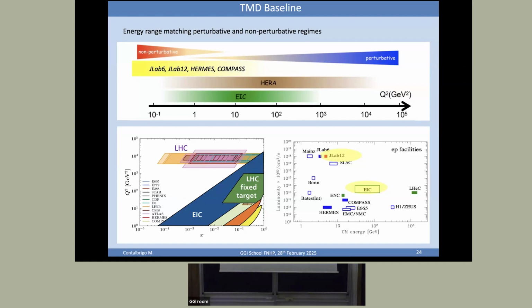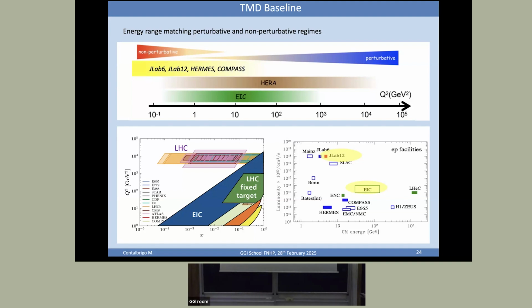You want to stay at relatively small energies so that the transverse momenta you measure are related to your target and not generated by perturbative effects. So you don't need to go too high in energy. You don't need to go really to LHC. You want to stay in between, and possibly increase instead the intensity to have more statistical precision.